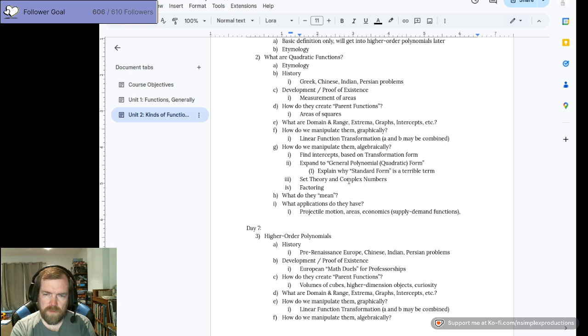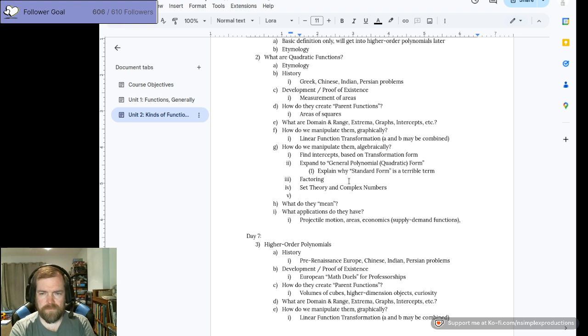Do we do that before or after factoring? I think maybe after. There's arguments for both. Right, general solutions via the quadratic formula.